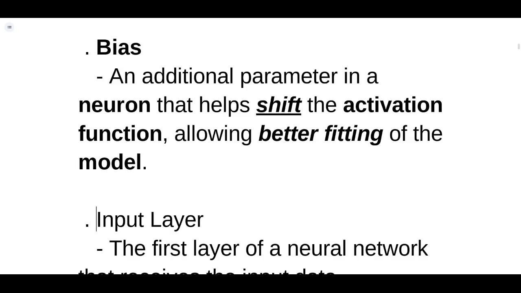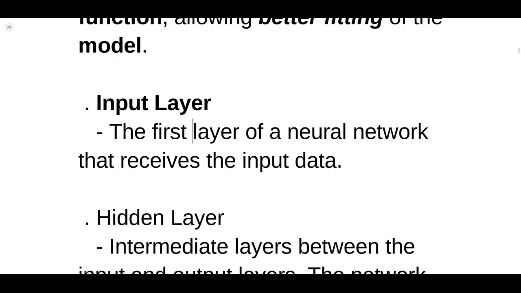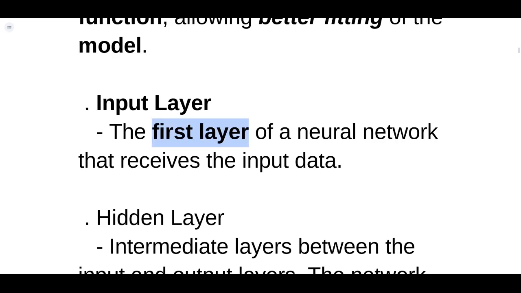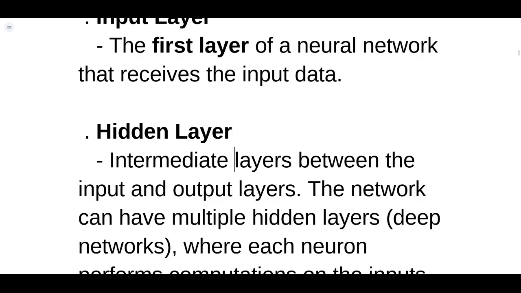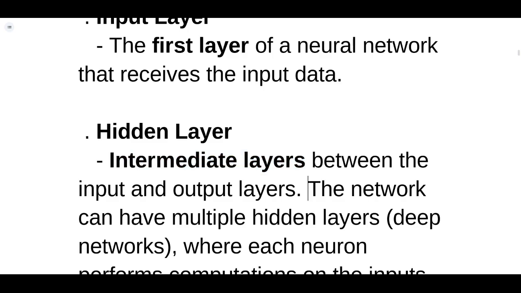Now, what is the input layer? The input layer is the first layer of the neural network that receives the input. Then what is the hidden layer? Hidden layers are intermediate layers between the input and output layers.